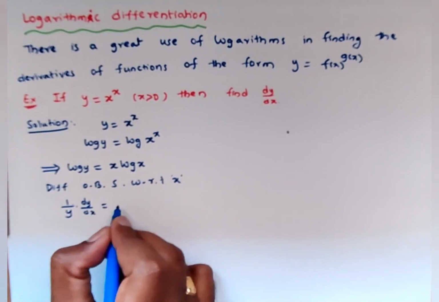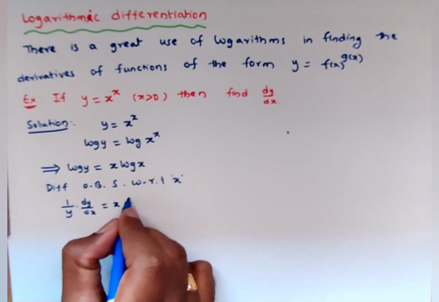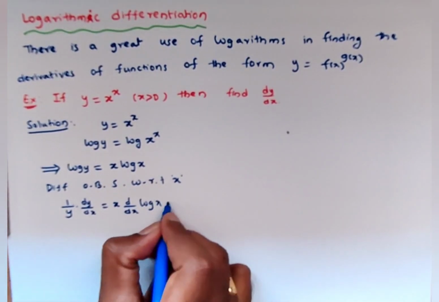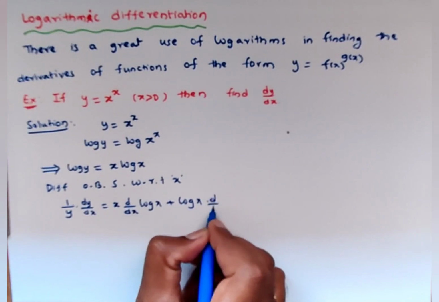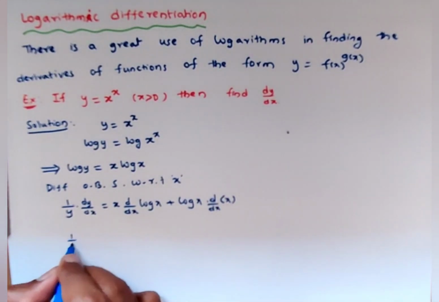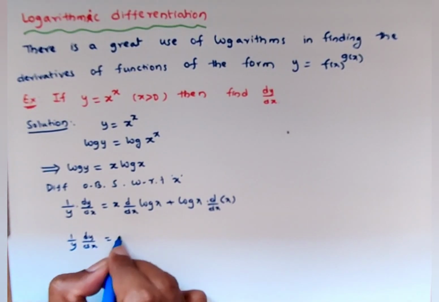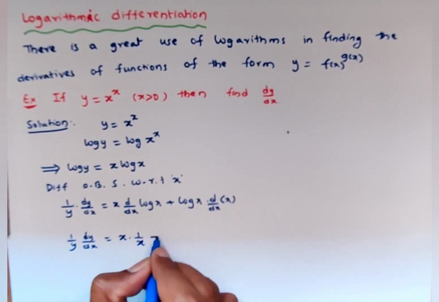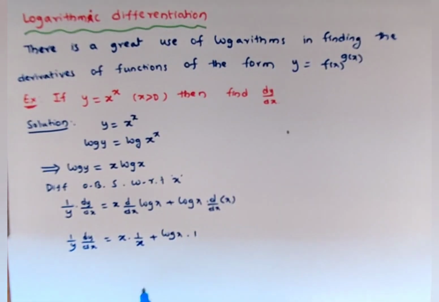Again, here it is u into v, so x into d by dx of log x plus log x into the derivative of x. Now this is 1 by y into dy by dx, which is x into, now the derivative of log x is 1 by x, plus log x into the derivative of x, which is 1.